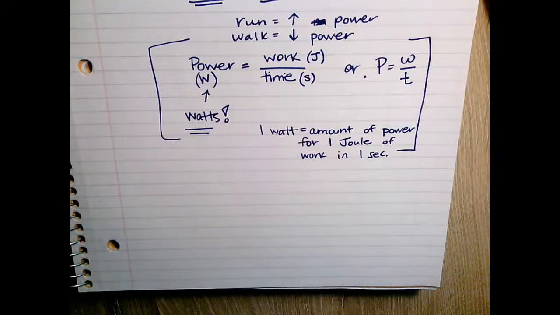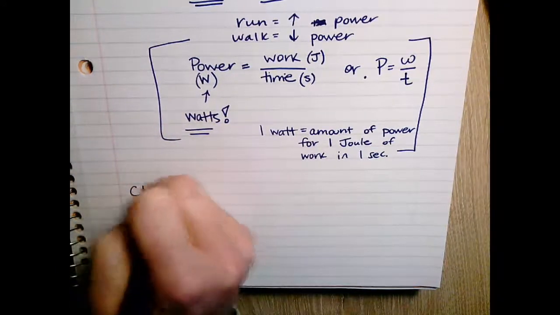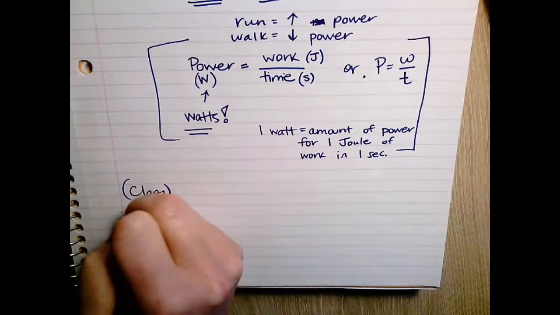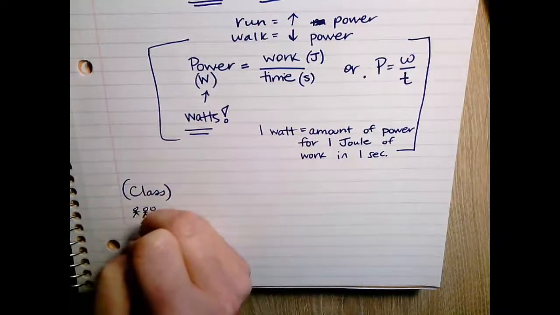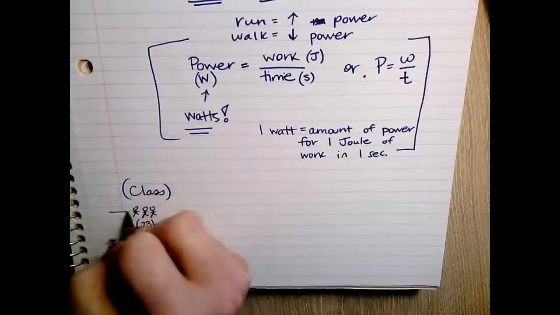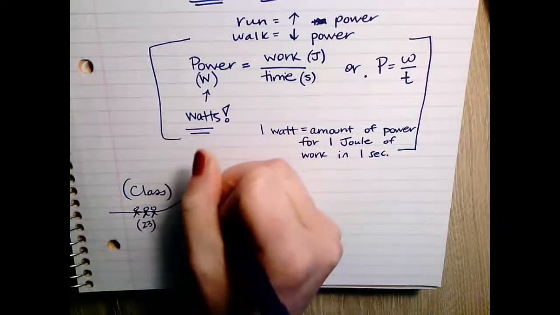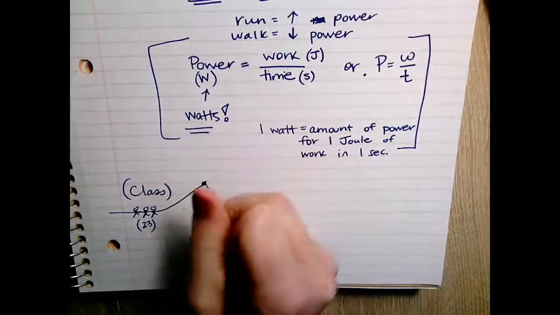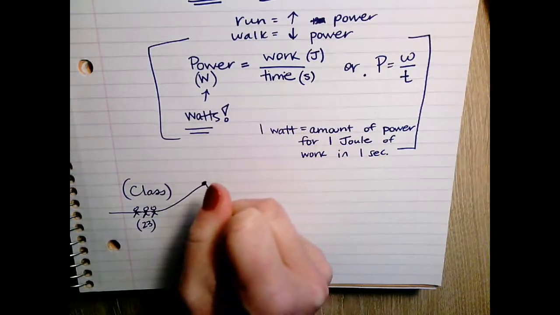So let's say we have the class. We're going to have a bunch of people, 23 of you, pulling this rope that is connected to like a pulley system connected to a car. Now I know my drawings of cars are fabulous.